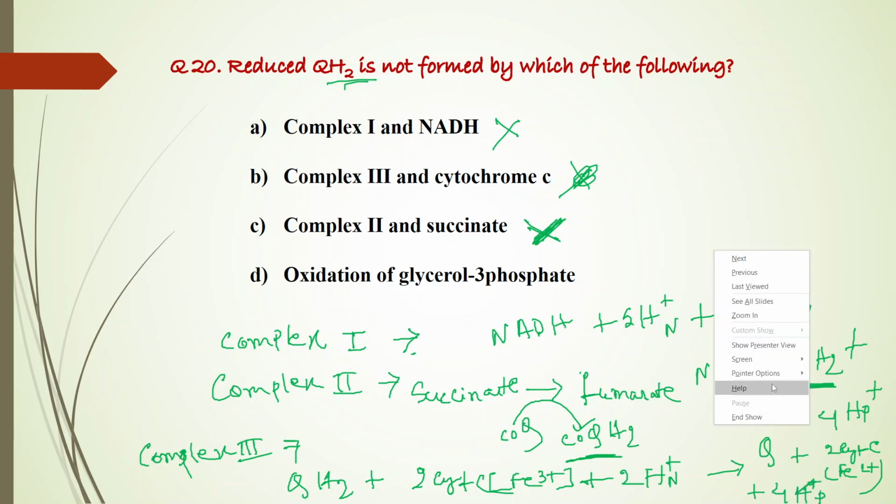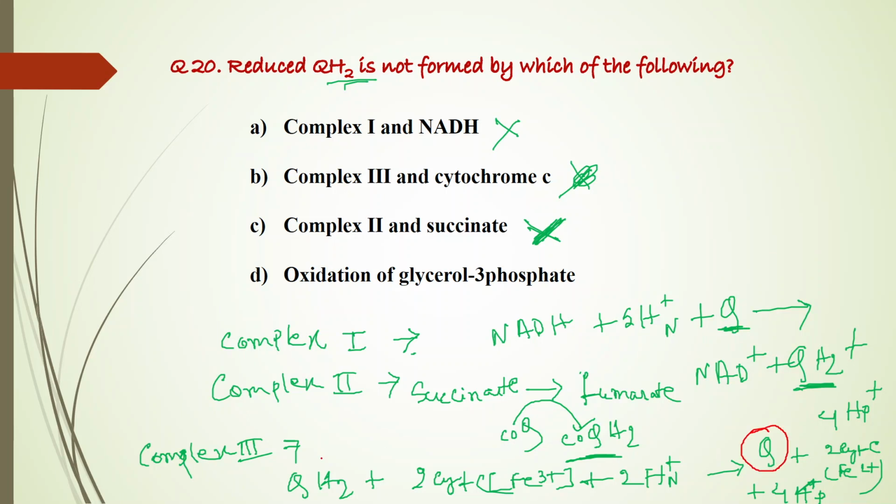If you look at it, only in case of complex 3 we can see the conversion of the reduced form of coenzyme Q to the oxidized form of coenzyme Q, that is written here.